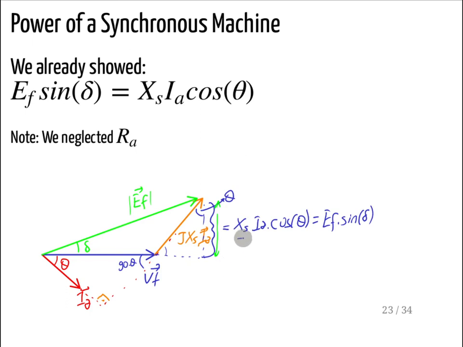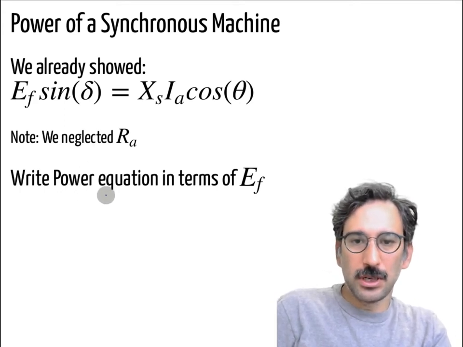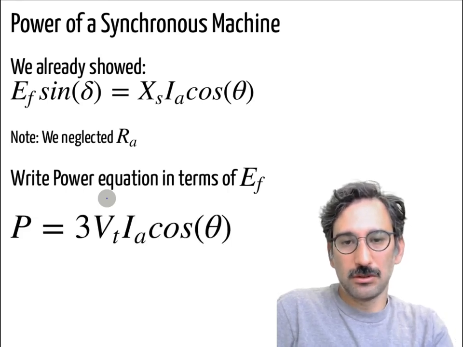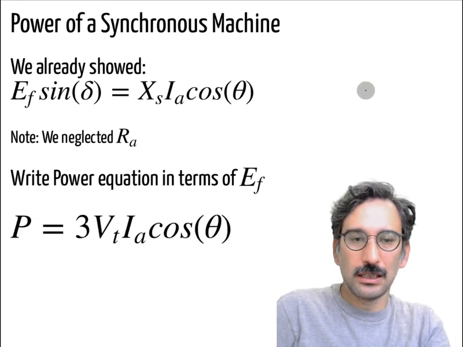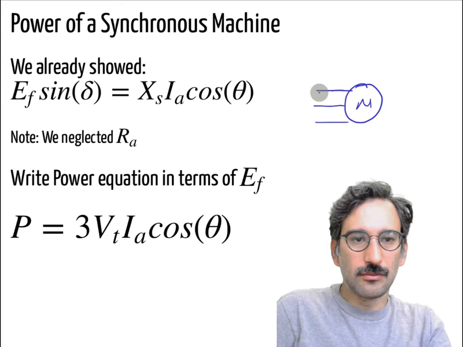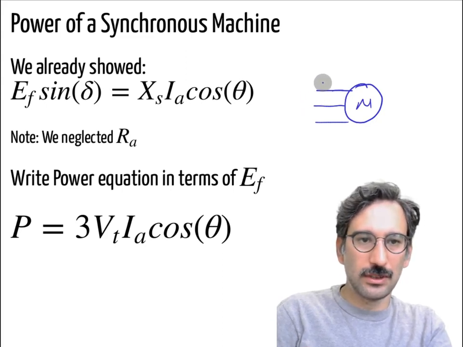Once we know that, we will use that relation in power and torque calculations. Let's write the power equation in terms of EF and other parameters. We have the machine, with phase currents and phase voltages.